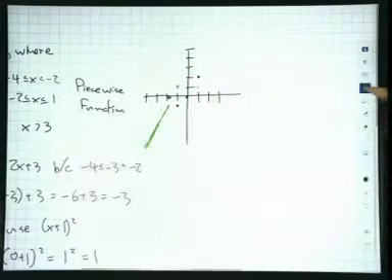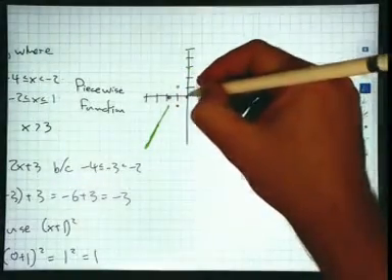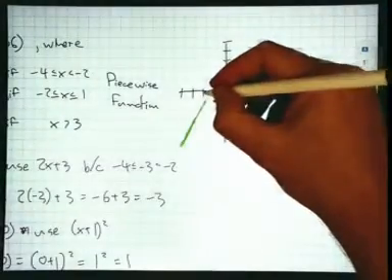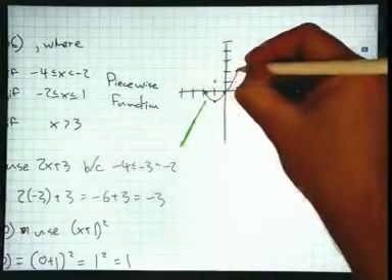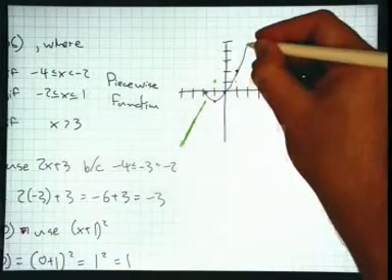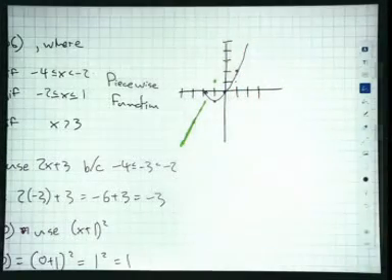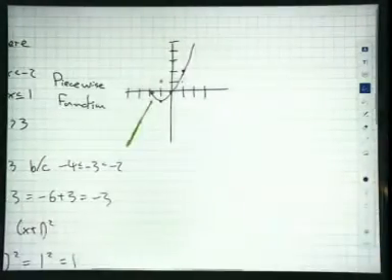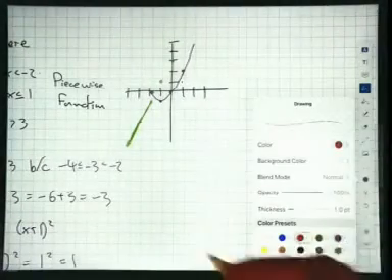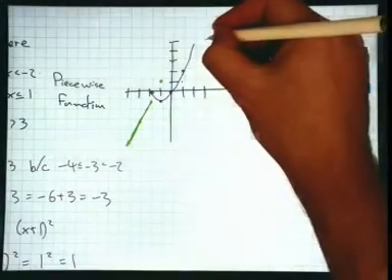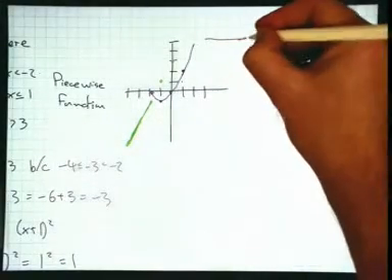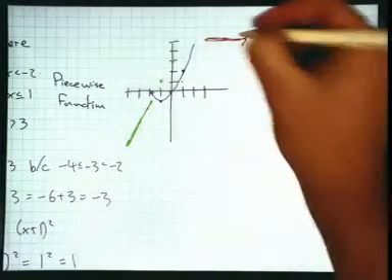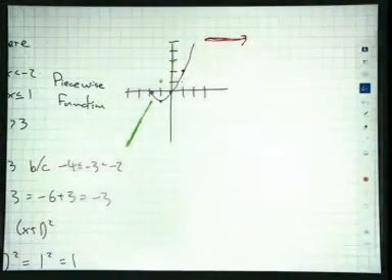It's going to look something like this. And then for everything that's greater than 3, the answer is 5. So it's just going to be a line that looks like this, that goes out in that direction. And that's what this piecewise function looks like.